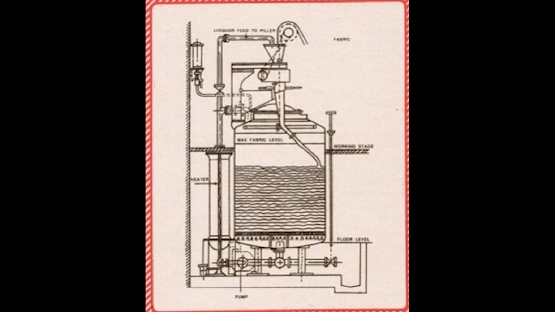The vomit pipe is attached to a conical base, in the center of which rises a steam pipe. The liquor rises in the pipe to a height depending upon the volume of the liquor present in the gear.